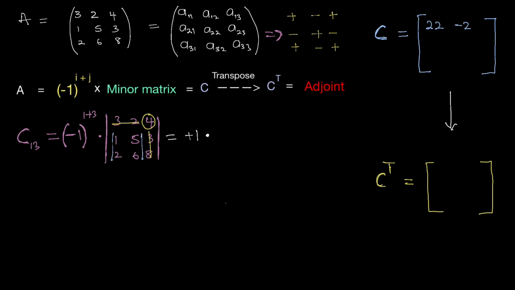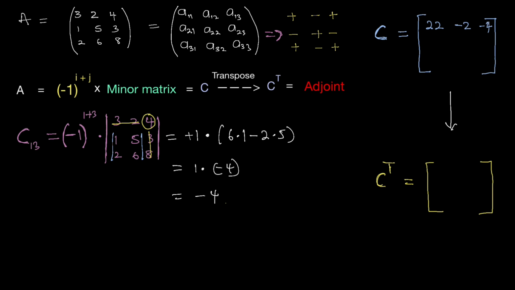We need to find the determinant of the minor matrix, and we do 6 times 1 minus 2 times 5. We expect that to be 1 times, well, 6 times 1 is 6 minus 10, that would be -4. So we populate that as -4 in the cofactor matrix.